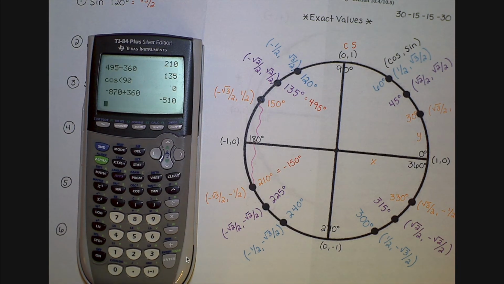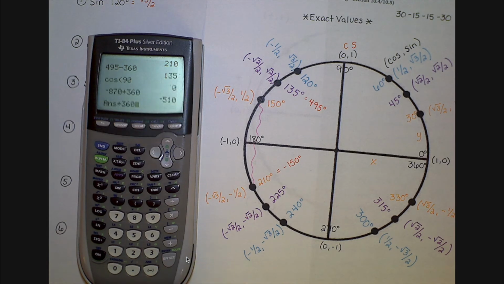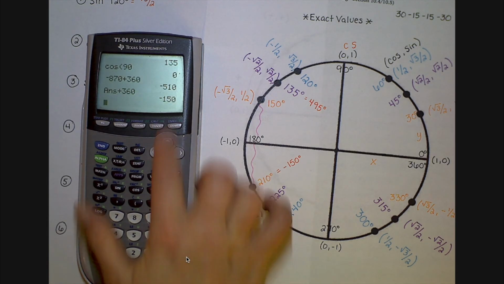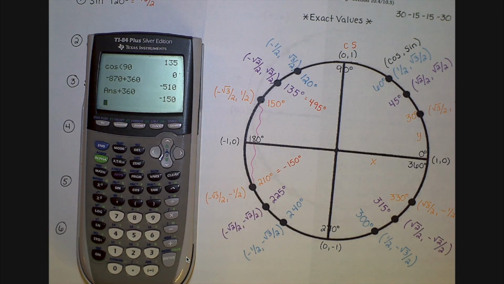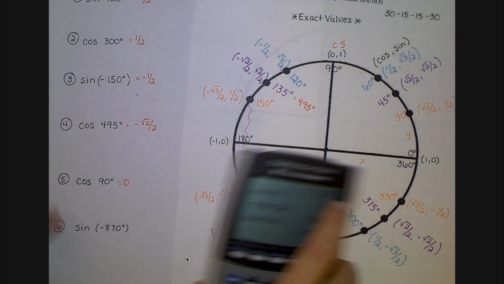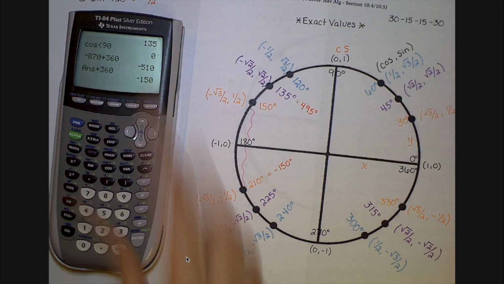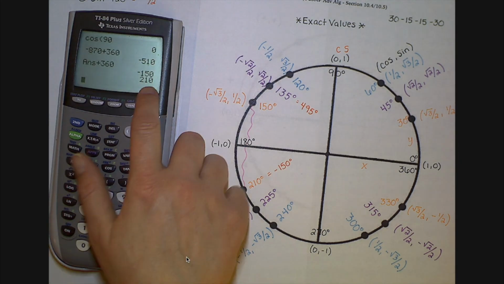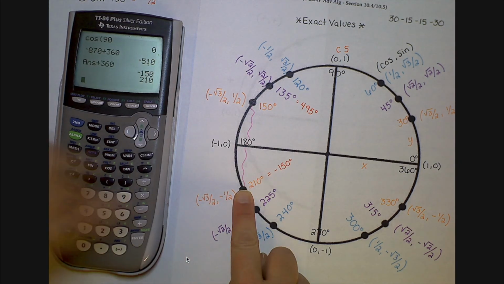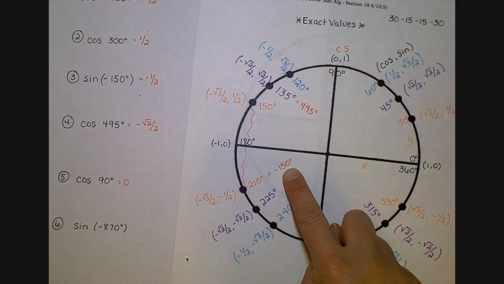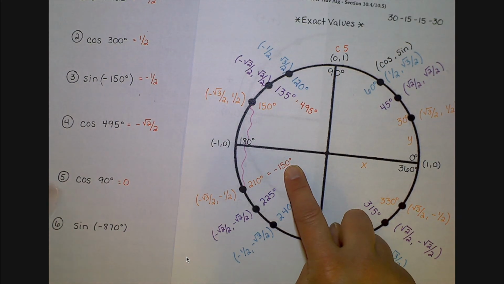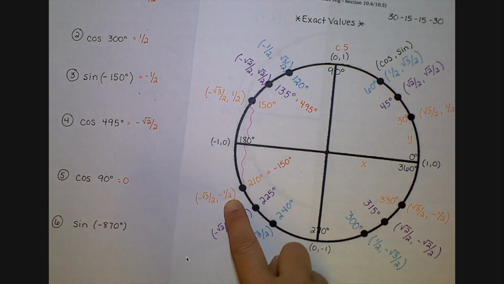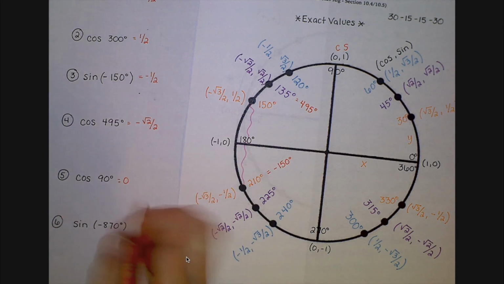That wasn't enough. It's still negative. So I'm going to hit plus 360. Still negative. I might be able to work with negative 150. In fact, I think I had negative 150 up here. But I'm going to add 360 one more time, and I end up with 210 degrees. We had already talked about negative 150, kind of a fluke that I chose that same one. And then the sine value would be negative 1/2, just like it was up here.